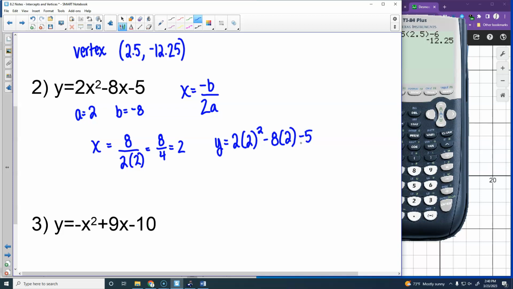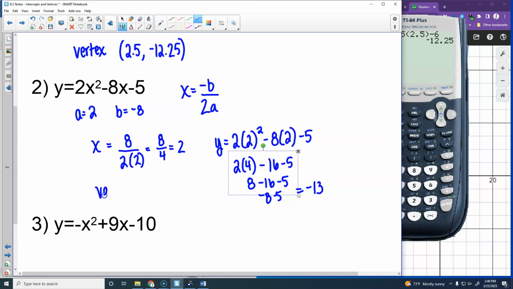What do I do first there? Square the 2 first. So that's 2 times 4 minus 16 minus 5. So you got 8 minus 16 minus 5. So it's negative 8 minus 5 will give us negative 13.